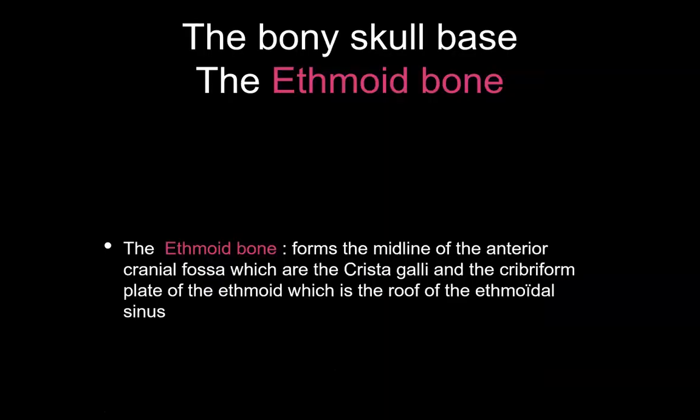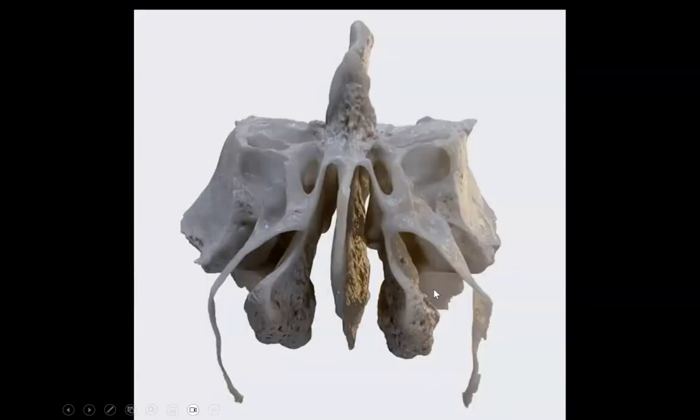The ethmoid bone is forming, as we said, the midline of the anterior cranial fossa, and it is formed of parts which are called the crista galli in the midline and the cribriform plate of the ethmoid on either side, which is the roof of the ethmoidal sinus. So this is the ethmoid bone having a horizontal plate and a vertical plate.